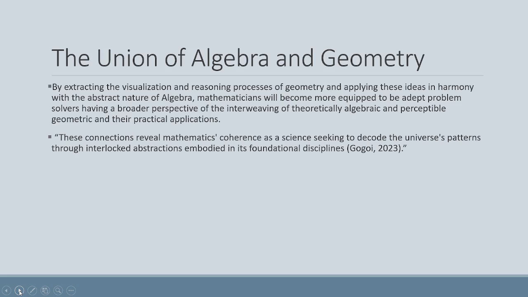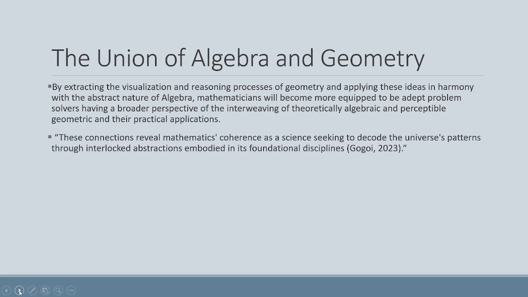And so ultimately, in conclusion, wrapping everything into one narrative, the union of algebra and geometry is seen by extracting the visualization and reasoning processes of geometry and applying these ideas in harmony with the abstract nature of algebra.